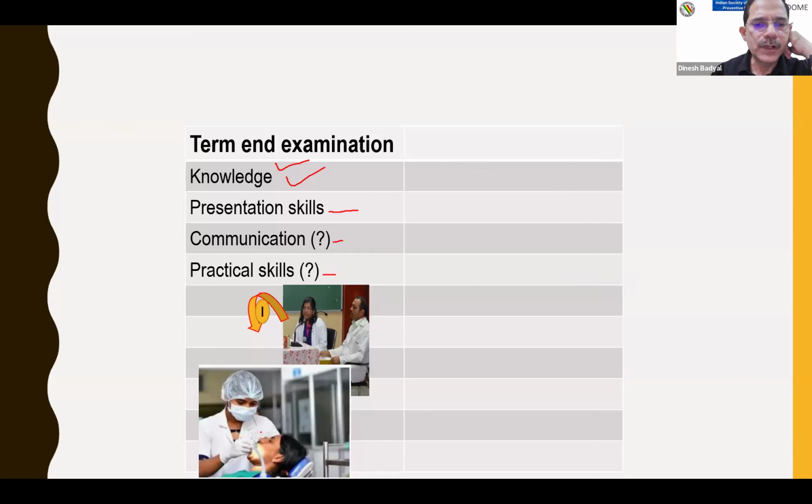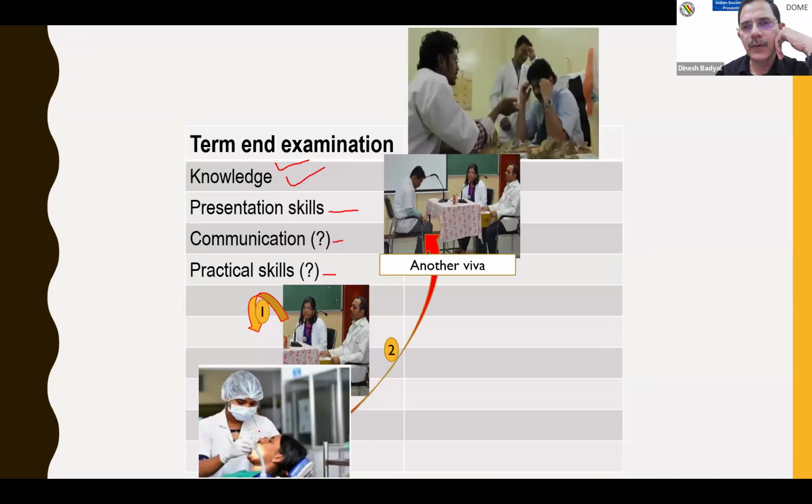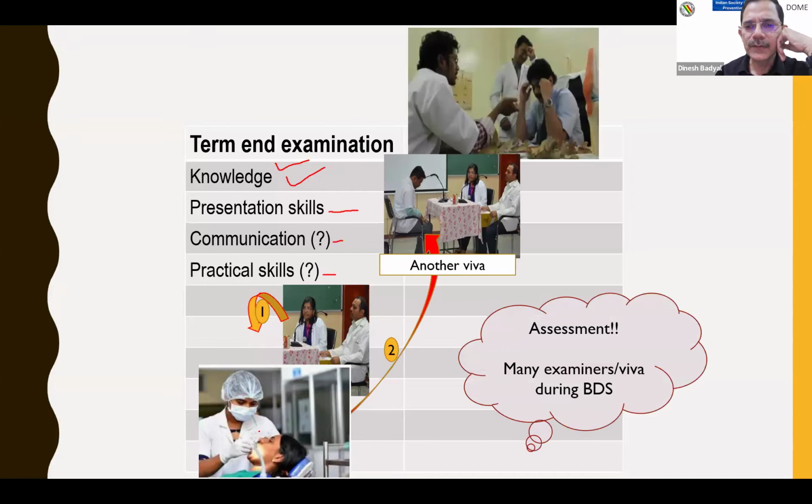So you send a student to examine somebody on the day of the BDS exam, but ultimately you are not observing them. You are asking them to come back and tell how they have done the examination. So it is mainly focused on presentation or the knowledge. So multiple vivas can be there. You can see we have many examiners during all years who examine these students.